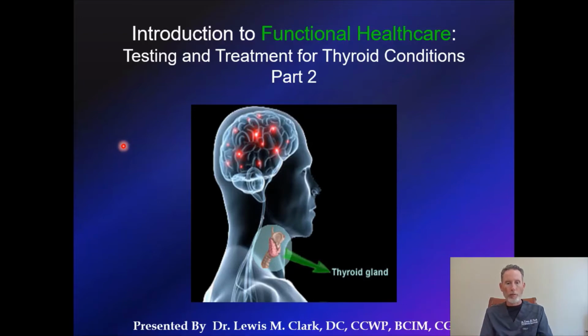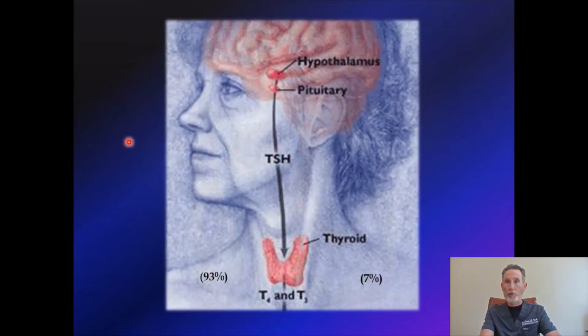So first of all, if you remember from last time, the thyroid is a gland there in the neck, and it produces a hormone, but it has to be turned on by the brain. So the hypothalamus and the pituitary, the hypothalamus produces a hormone that turns on the pituitary.